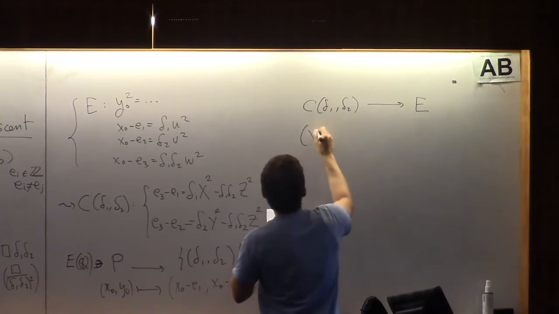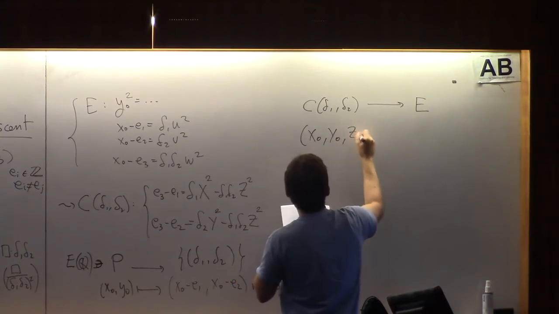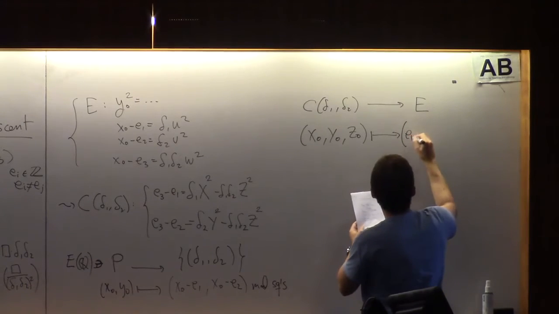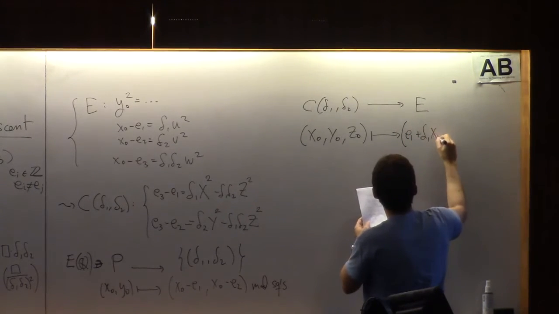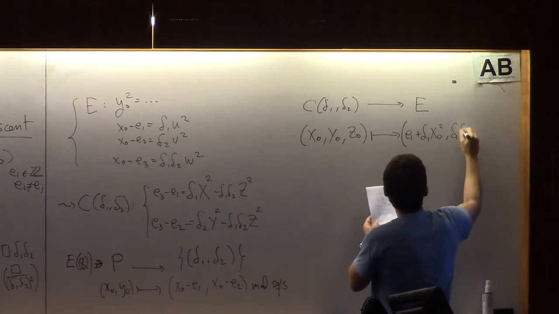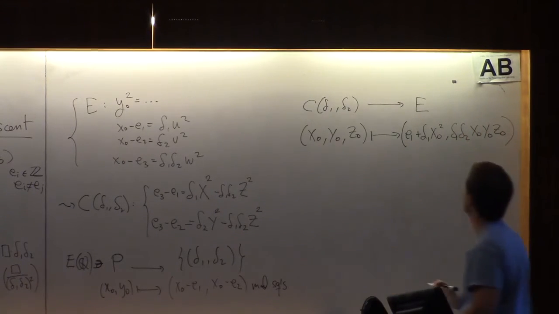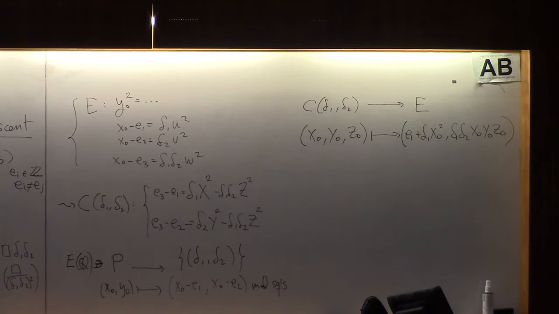I can go back. If I have one of these points, it maps to the point (A1 plus delta 1 x naught squared, comma, delta 1, delta 2, x naught, y naught, z naught). You can check if that works.